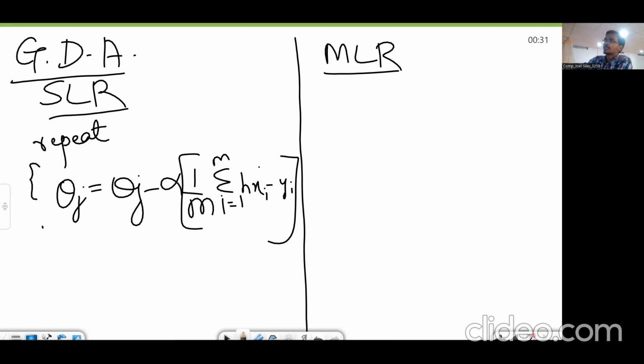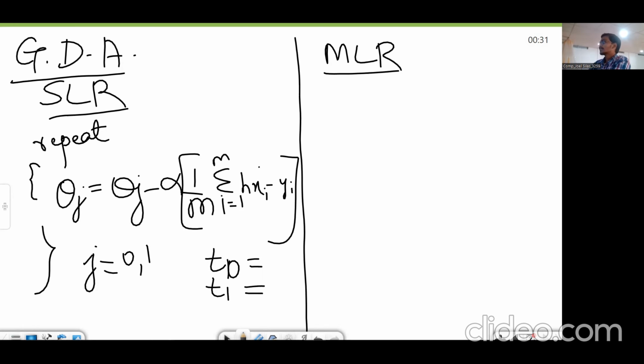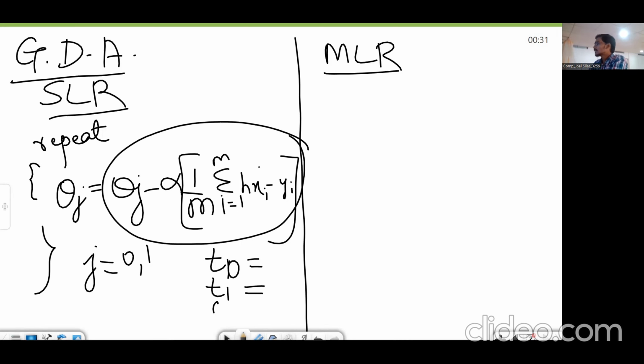Here, we need to repeat these steps and update theta simultaneously. Here, j can take which values? 0 and 1. Now we need to perform a simultaneous update. That means we'll use temporary variables t0 and t1. We'll compute them by the same formula, and then we'll assign the values of t0 to theta 0 and t1 to theta 1.